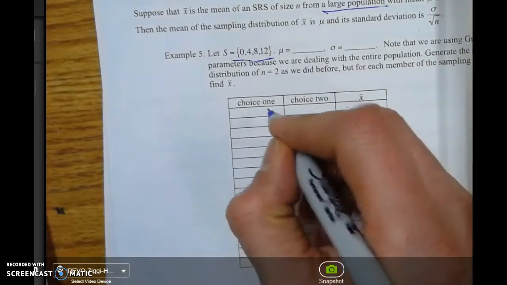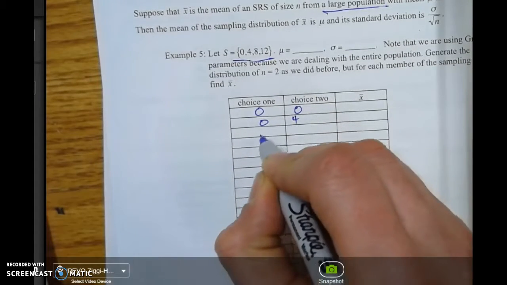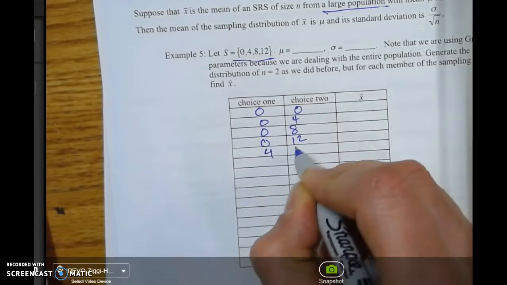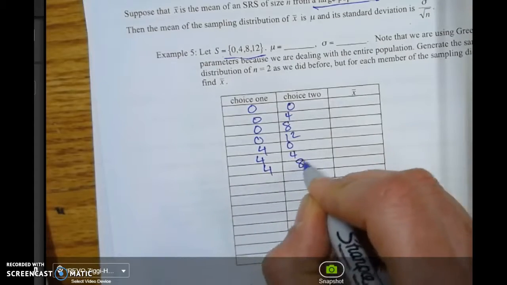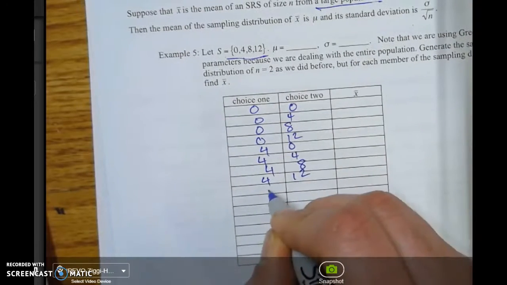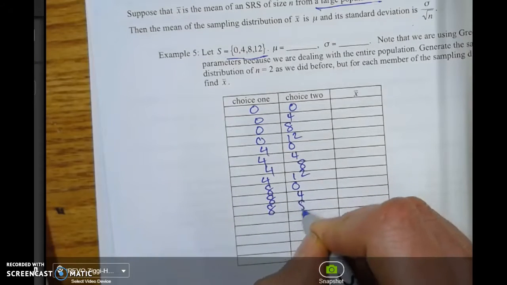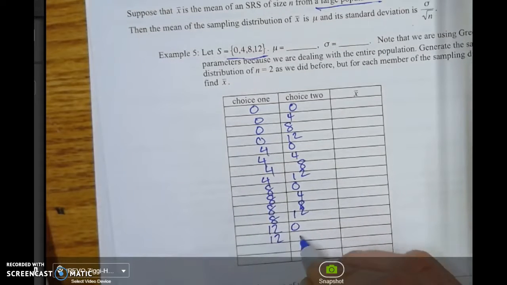So we list all our options: 0, 0, 0, 4, 0, 8, 0, 12, 4, 0, 4, 4, 4, 8, 4, 12, then beginning with 8: 8, 0, 8, 4, 8, 8, 8, 12, and then 12, 0, 12, 4, 12, 8, and 12, 12.